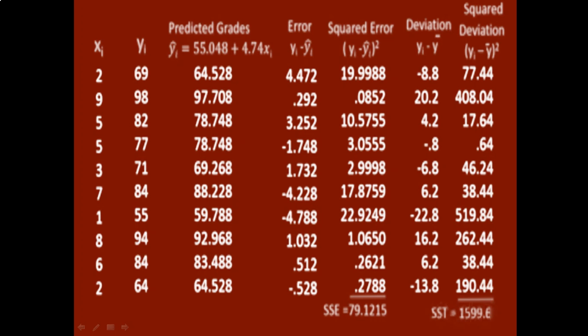All of this table, I make it to find r square. SSE is the sum of squared error. SST is the total sum of squares. Okay? We know that r square equals SSR over SST. But how can we find SSR?